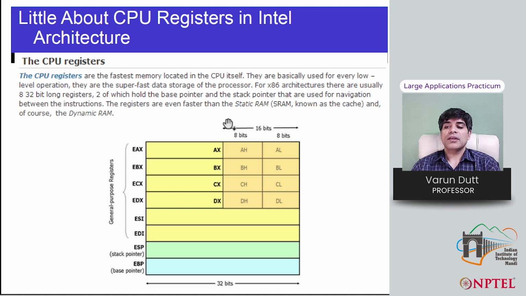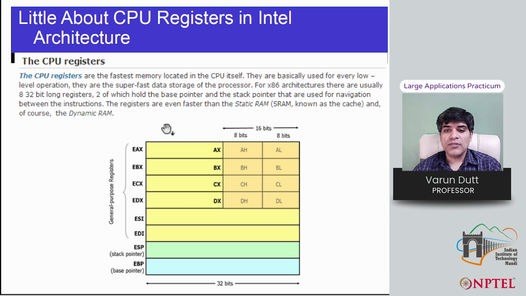For x86 architecture, there are usually 8 32-bit registers: EAX, EBX, ECX, EDX, ESI, EDI, ESP, which is the stack pointer, and EBP, the base pointer. These last two can be used for navigation between instructions as well as for subroutine calls.